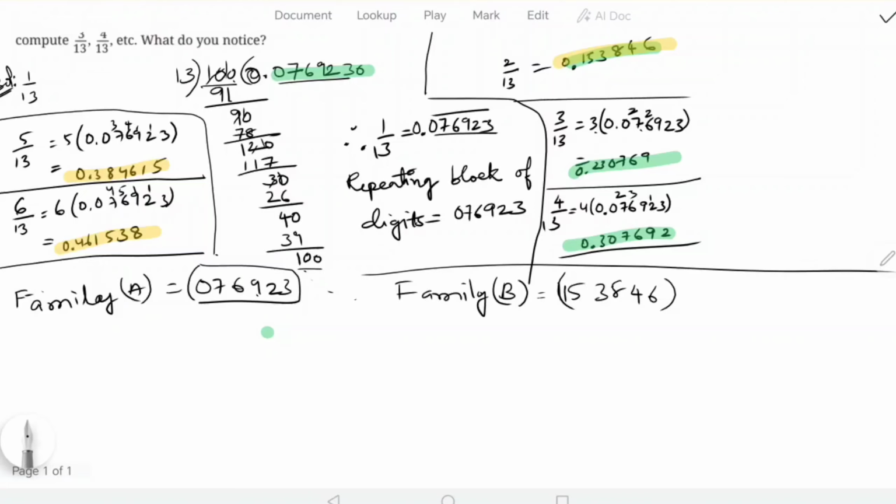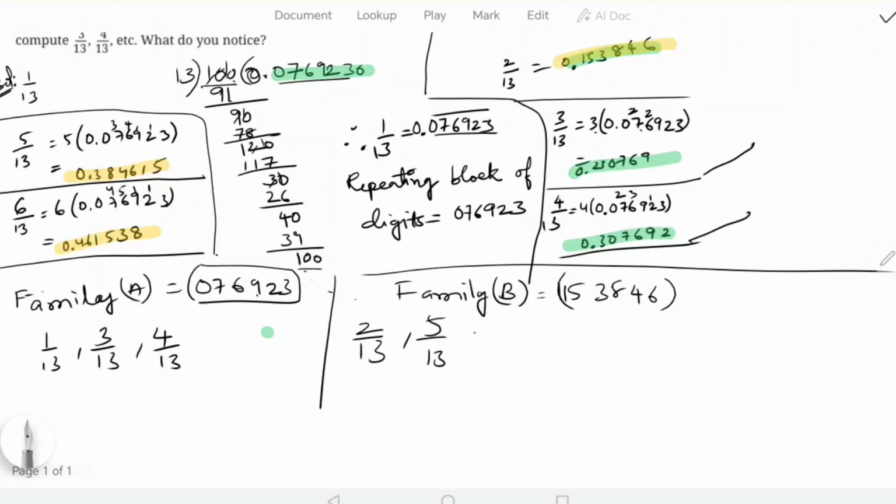For 076923, these digits are the same for 1 upon 13, 3 upon 13 and 4 upon 13, which we have already seen. Okay, next. For family B, the fractions having this one are 2 by 13, 5 by 13 and 6 upon 13.